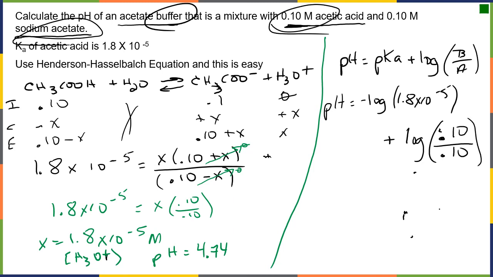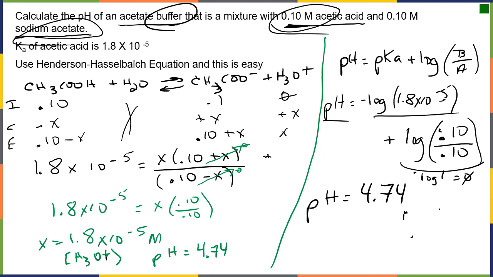The log of 0.1 over 0.1 is the same as log of 1. Log of 1 is 0, so pH is equal to pKa, and pH is equal to 4.74. Which one do you have to use? Whichever one makes more sense to you.